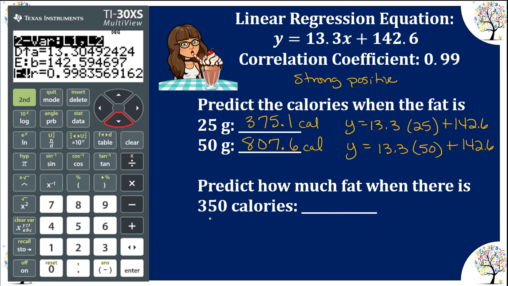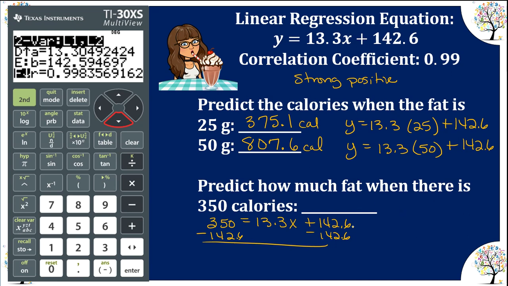Now, if we have something that's 350 calories, how much fat was that? So we're going to subtract out the 142.6. I am going to use my calculator and subtract that out.